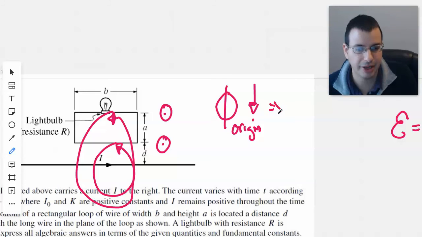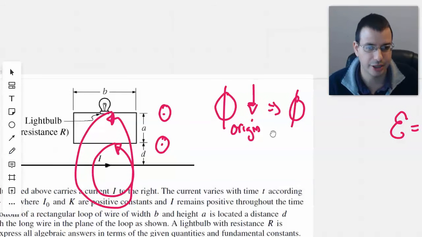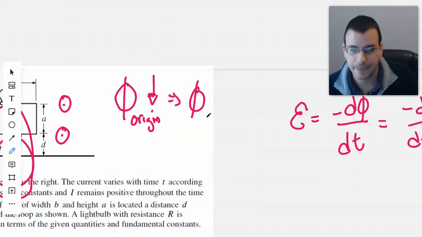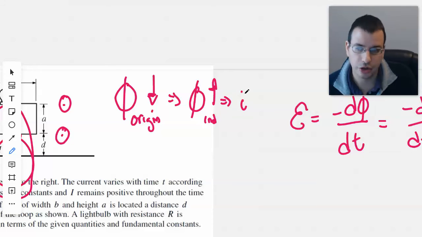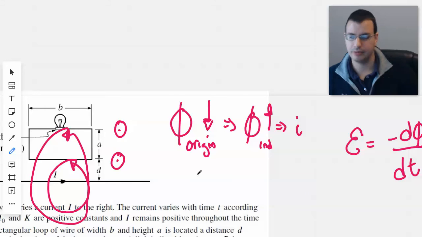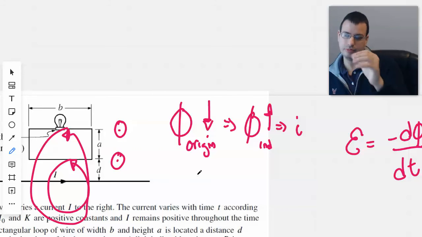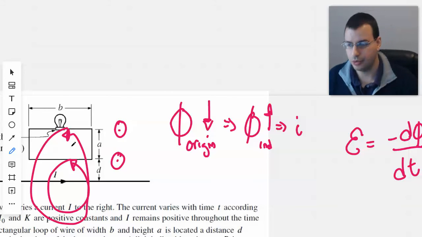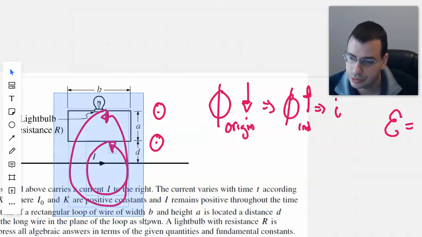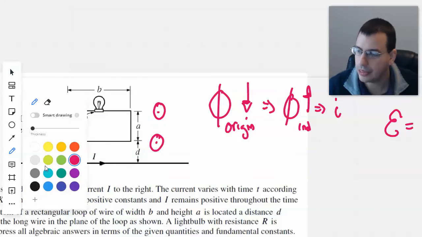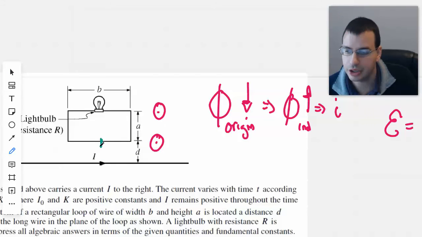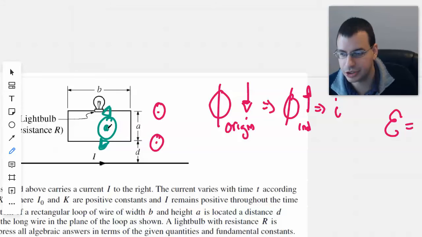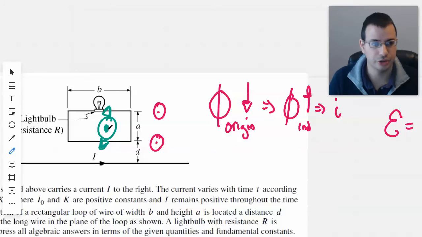So that's going to create a counter EMF due to Lenz's law, and this will be induced, going up, which will create a current going in this direction so as to create a magnetic field that supports the original magnetic field.